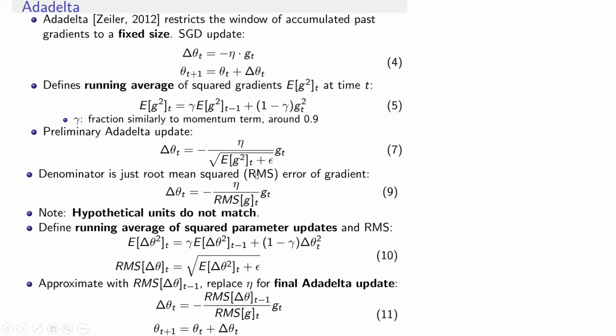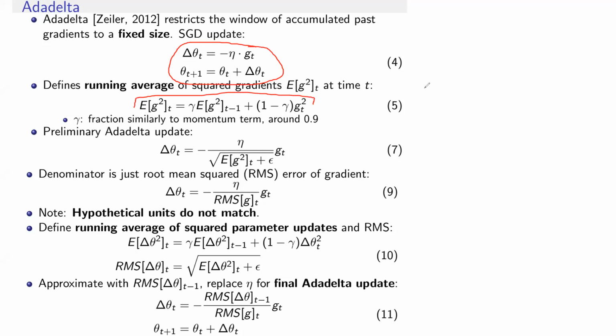The next method is Adadelta. This is also one of the improvements of Adagrad. So here, instead of just applying the stochastic gradient descent, we remember the squares of gradients before, and we use them like that. In the previous slide I showed you just the sum.